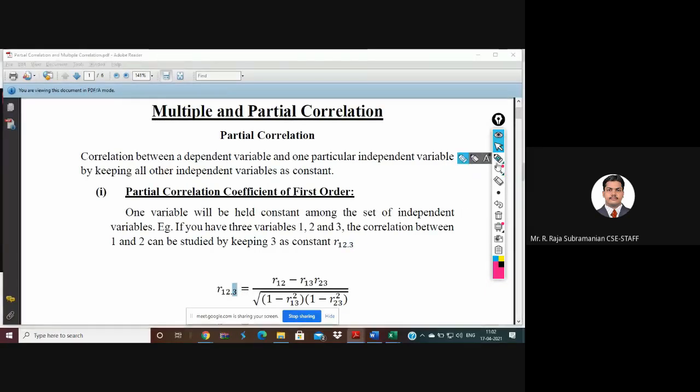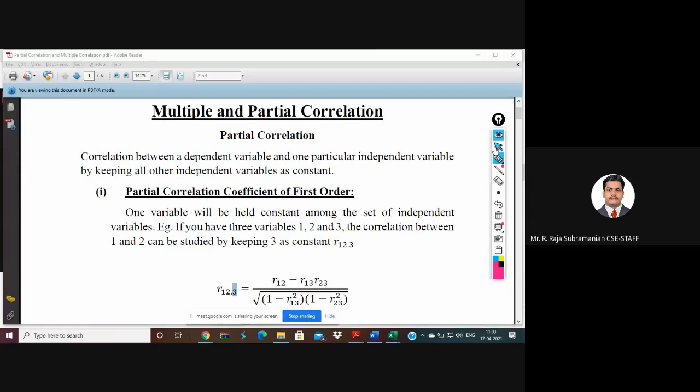If I give you a question like R12.34, what are the constant variables here? 3, 4 is the constant here. The variables next to the dot are the constant variables. Like this, the model is studied from the independent variables 1 and 2 by keeping 3 and 4 constant. So that is the partial correlation.